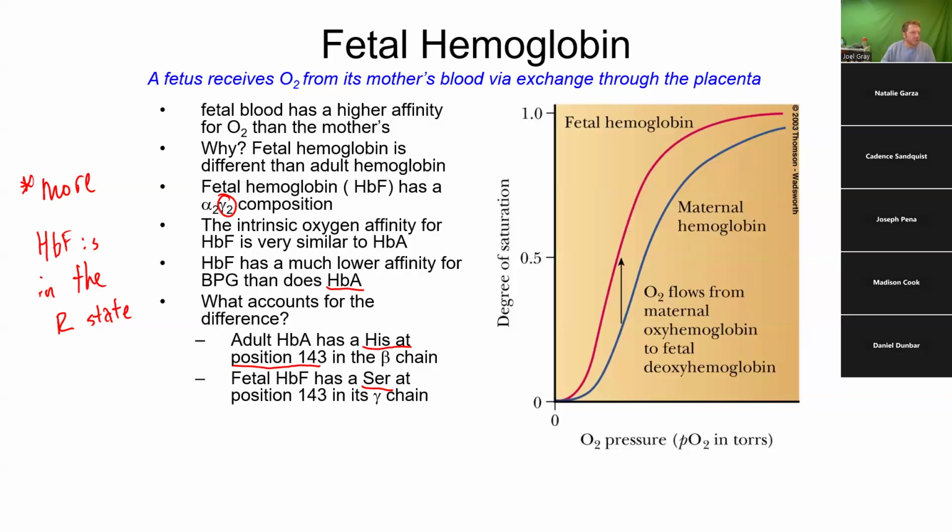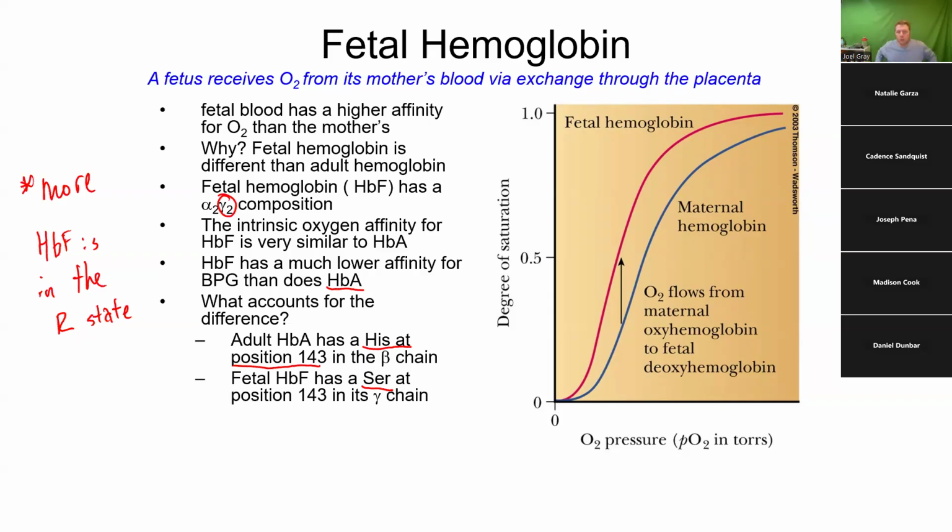But one fundamental difference is that histidine can participate in ionic interactions. Can serine participate in ionic interactions? Nope. Can it participate in hydrogen bonding? Yeah, absolutely. Histidine could potentially, but if histidine is protonated, the interactions are going to be different.